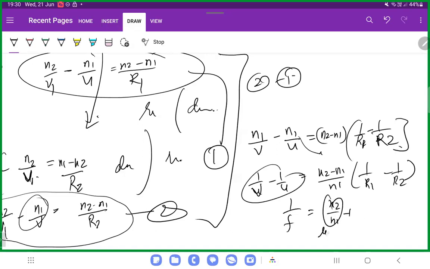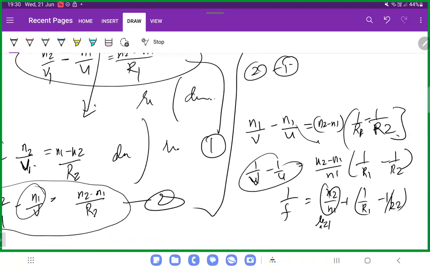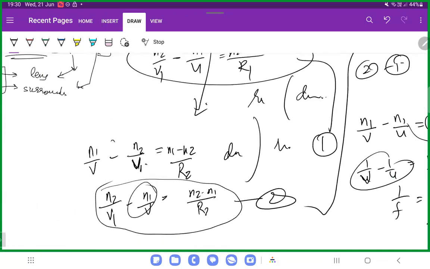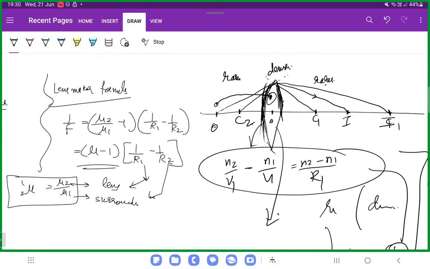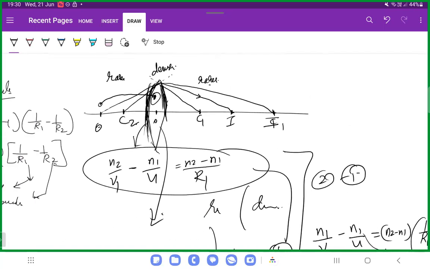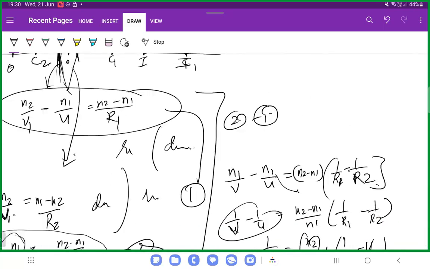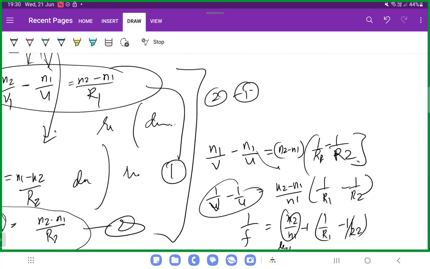So this is your mu, N2 by N1. 1 by R1 minus 1 by R2. So this is the formula we will get. Mu minus 1, 1 by R1 minus 1 by R2. If you want to make a note of it, or else we can move to the next thing.